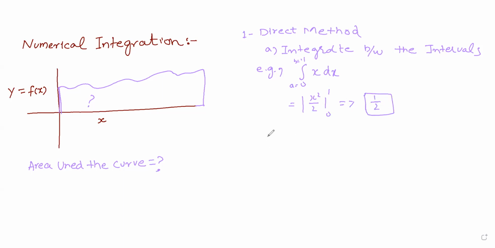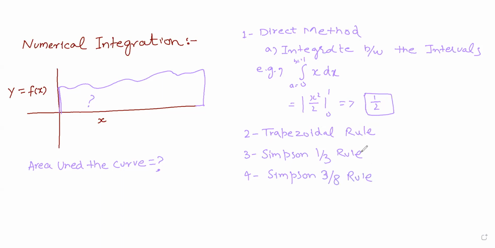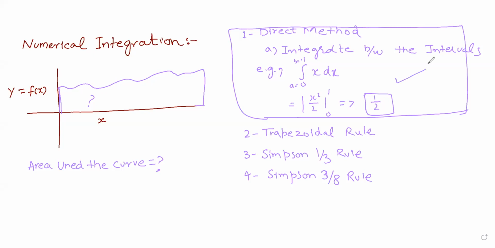Similarly, the other rules are: second, the trapezoidal rule; third, Simpson's 1/3 rule; and finally, number 4, Simpson's 3/8 rule. In school and in our colleges, we already talked about these things, and we know them.